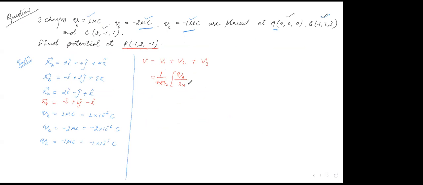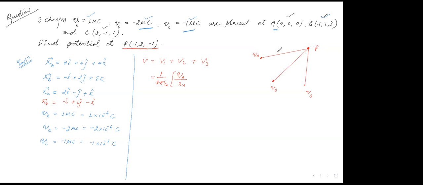We should draw a diagram first, I think. One second. Look at here, please. This is your point P. You can take here your first charge QA at this position, and the second charge is QB, and the third one is QC. When you join all of these charges to the point P, you get it like this. And what will be your position vector from QA to P?